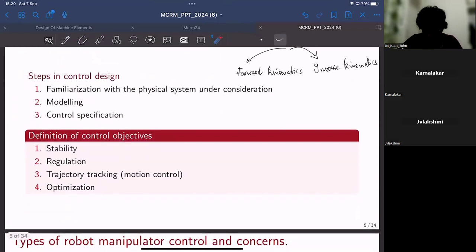Then we move on to objectives. While designing, we have to make sure that several objectives are taken care of. The first and foremost, and most important, objective is the stability of the controller.